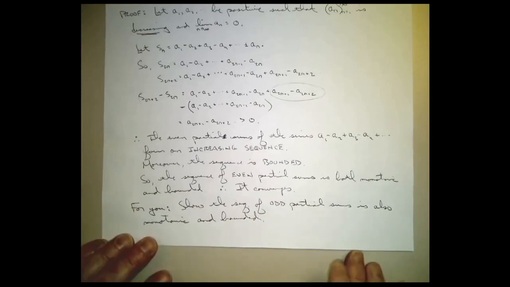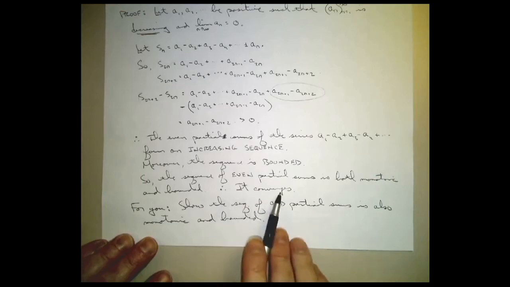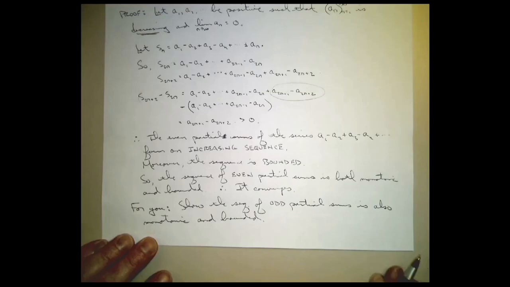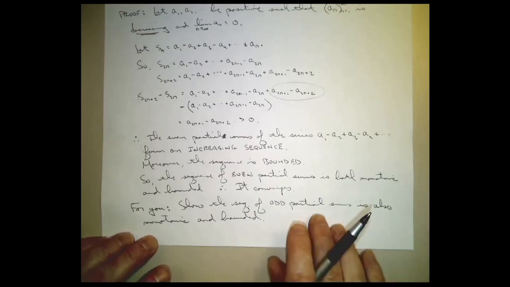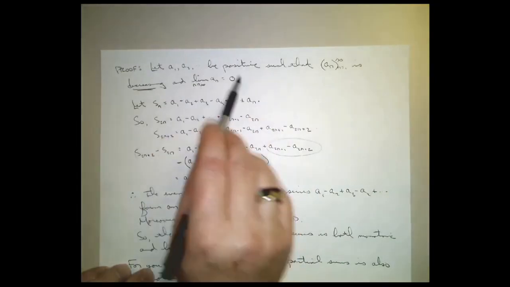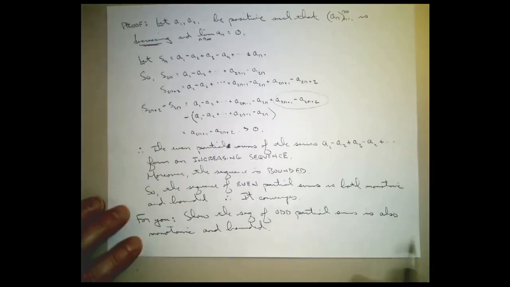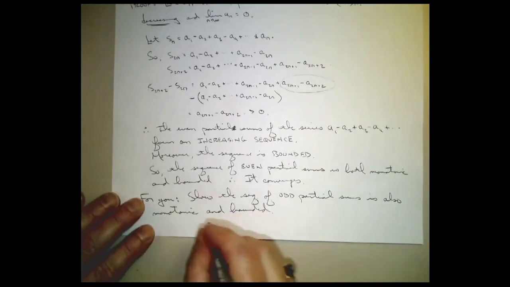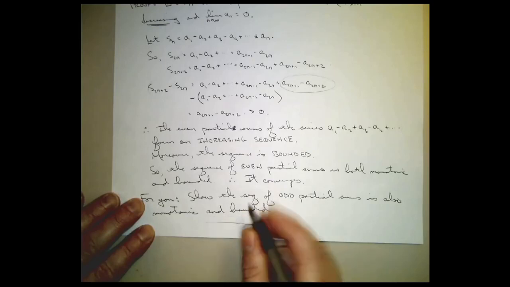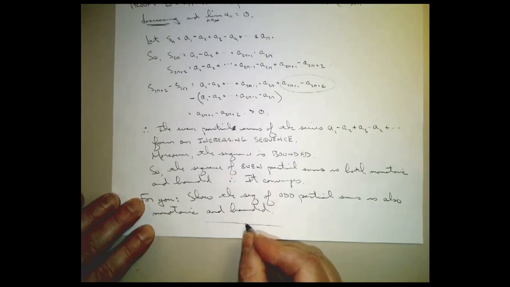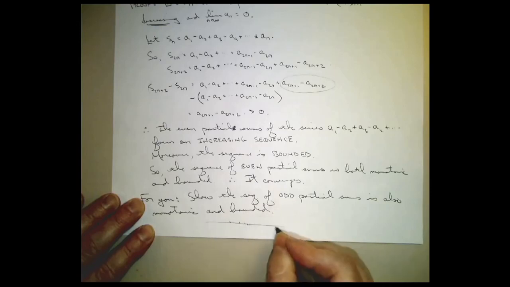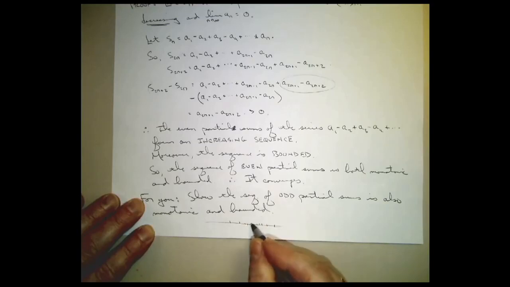And so the even ones are converging to some number. The odd ones are converging to some number. And the fact that the terms themselves are heading to 0 is going to imply that the difference between what the even partial sums are converging to and what the odd partial sums are converging to, the individual terms, are getting close together.